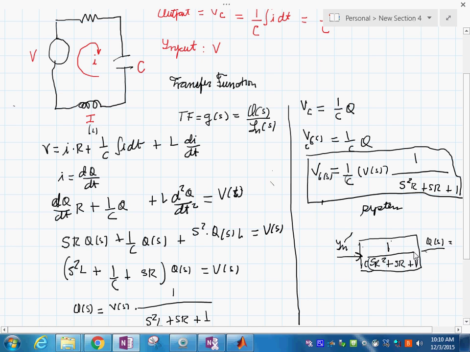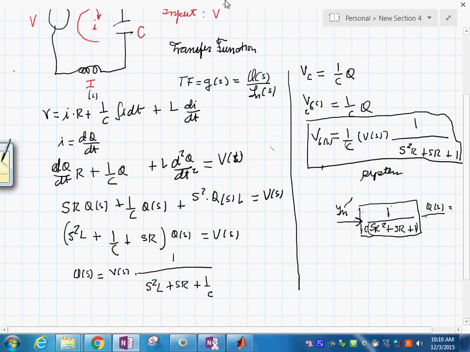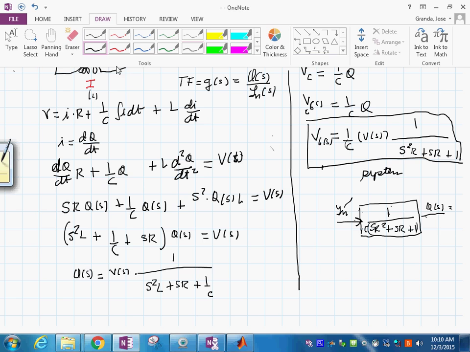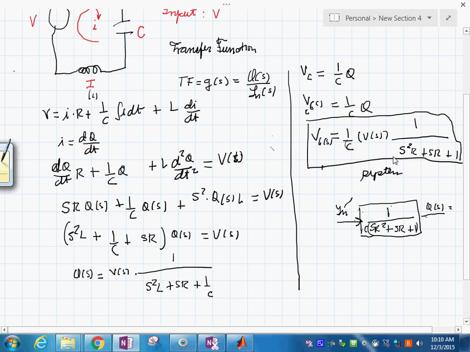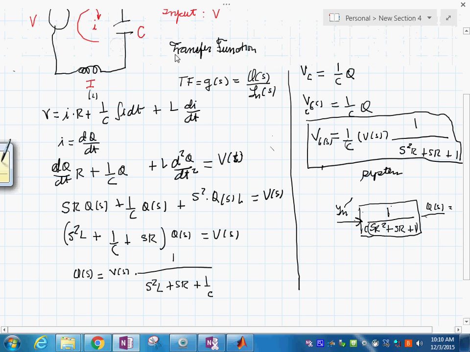So what I'm trying to say, in introducing the Bode concept, is that we have this transfer function right now, and the system that you see in there can be tested. This is your system.